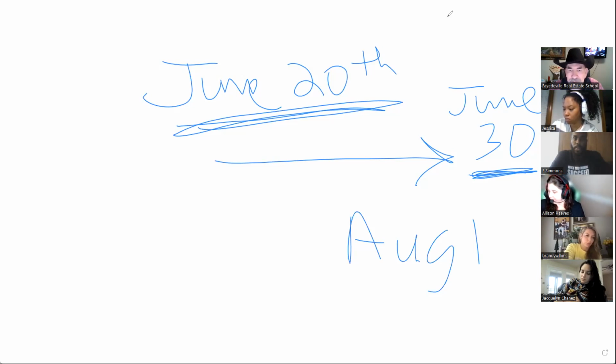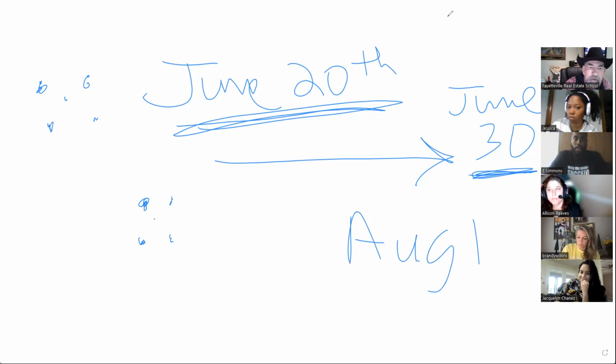Now, I always count the days in the shape of a die. So a die or dice looks like this, right? So that's 5 on a dice. I count June 20th because we have to count the day of close: June 20th, 21, 22, 23, 24, 25, 26, 27, 28, 29, 30th.